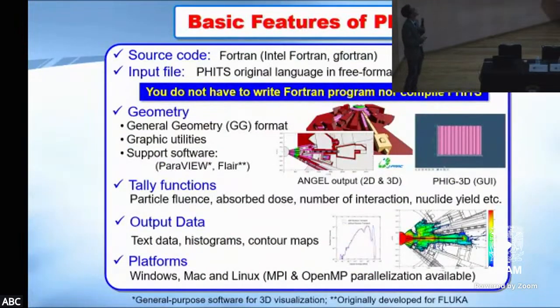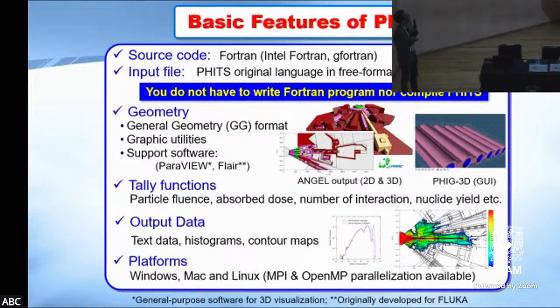So here are the basic features of the PHITS code. The source code is written in Fortran, but I know that the younger generation never uses Fortran. So we don't ask you to write Fortran code. Instead, we ask you to learn how to write the PHITS input file. It's a PHITS original language in free-format text. So basically you don't have to write a Fortran program just to use PHITS.